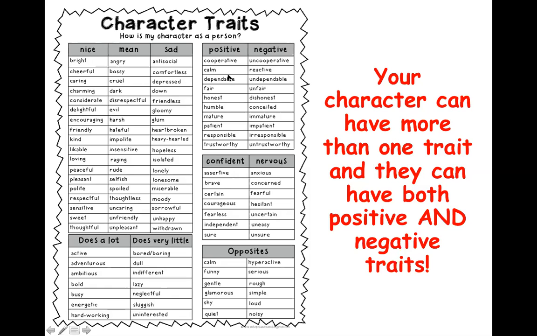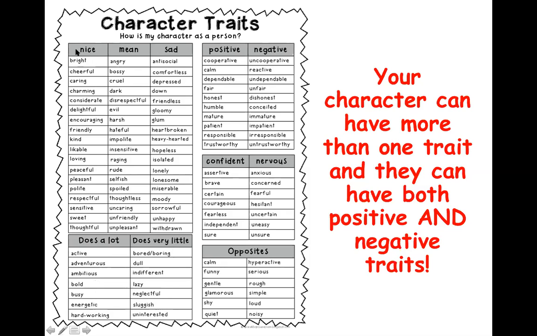There's lots of positive traits and negative traits, right? There's different ways to say confident, and there's different ways to say nervous, right? There's characters who do a lot and are active and adventurous and bold and energetic and busy. And then there's characters that do very little. They're bored, they're dull, they're lazy, right? They're sluggish. So there's lots of different character traits that you can choose from when you're creating a character.